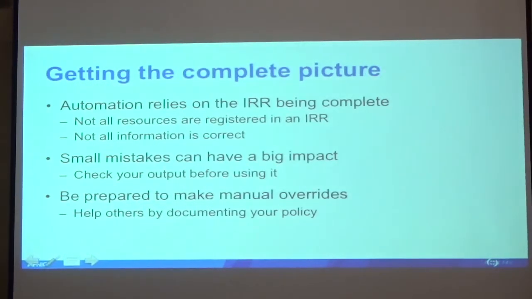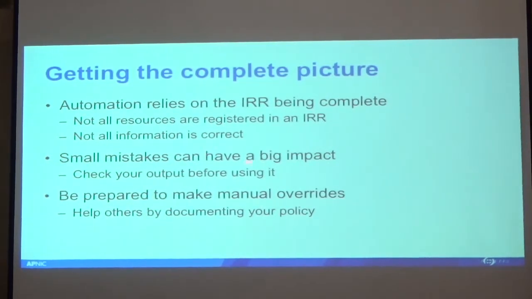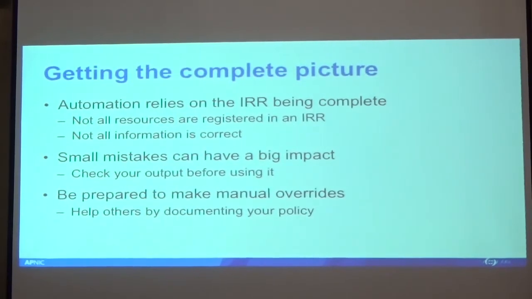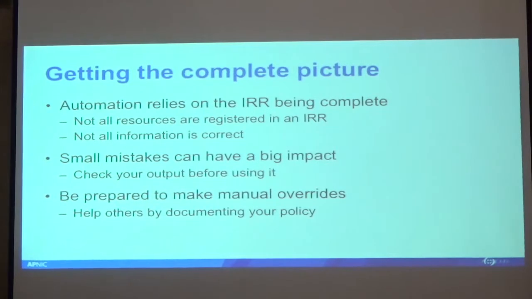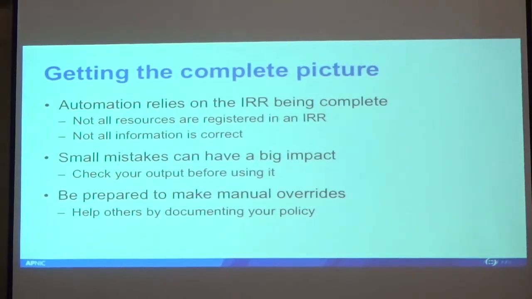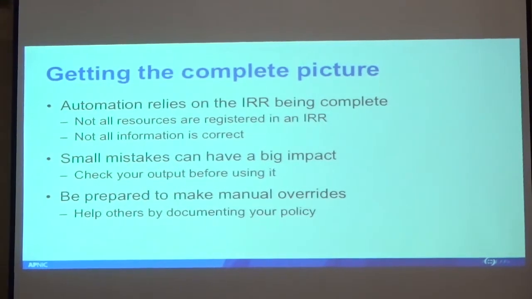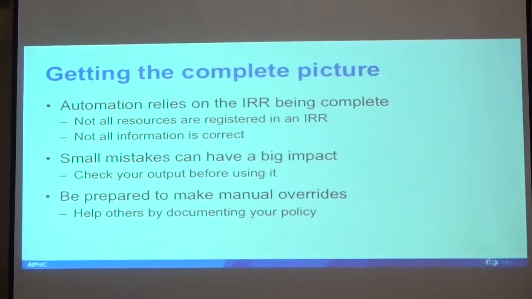We do have time, right? So just a complete picture of the IRR and IRR toolset. Automation relies heavily on the IRR being complete, meaning all the objects have been created. It's all correct based on your routing policy. Any mistakes, whether it's minor, whether it's intentional or not, maybe some configuration from 10 years ago that you have failed to update, it has an impact.